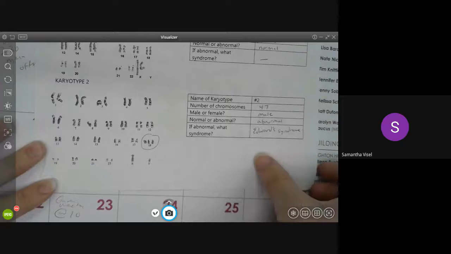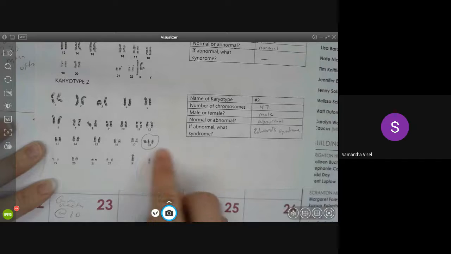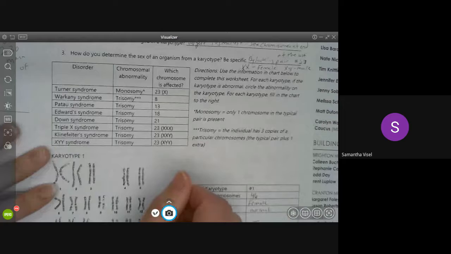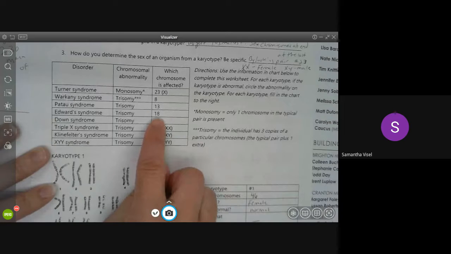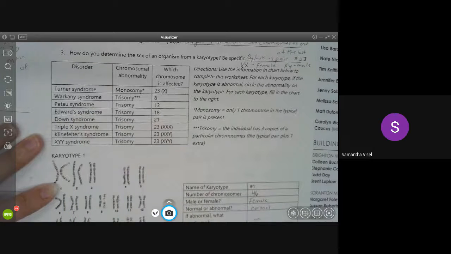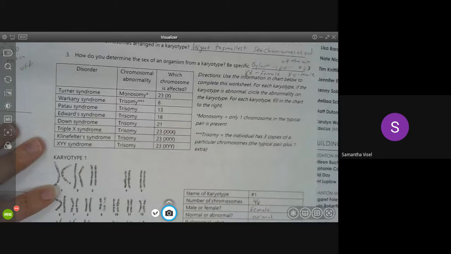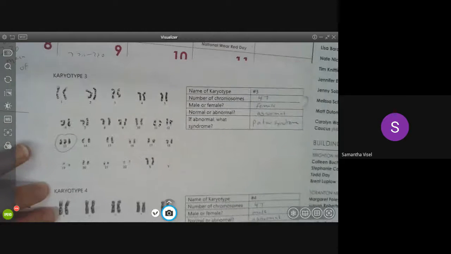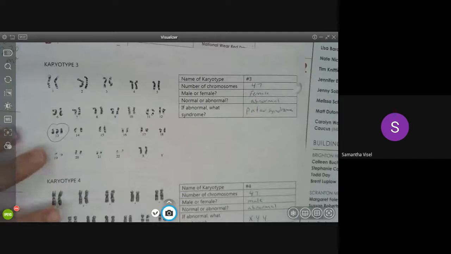So to figure out the syndrome, the extra is at 18. So I want to see where chromosome number 18 is affected. So here's where I'm expecting to have a trisomy of 18. So this is Edwards syndrome. Those of you that didn't do Down syndrome, you'll see your possible karyotypes popping up here as well.